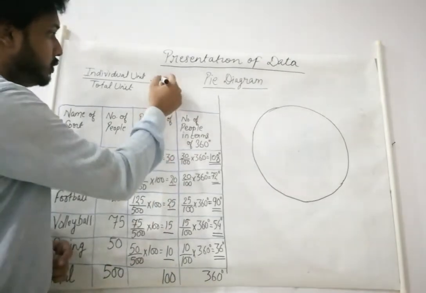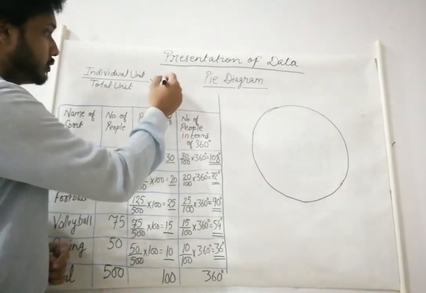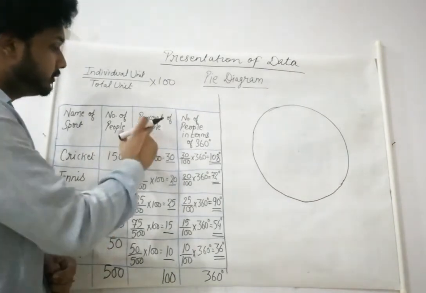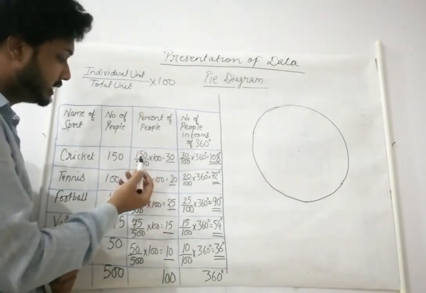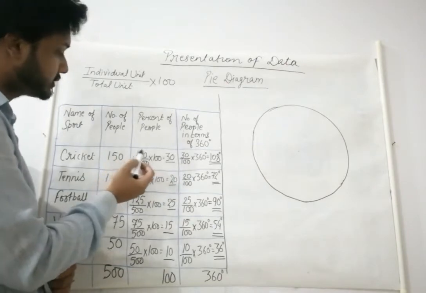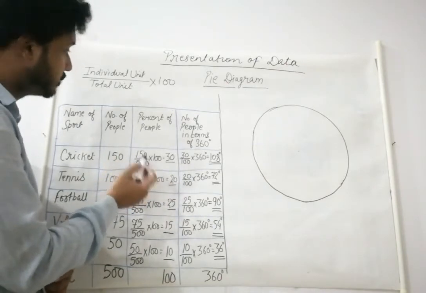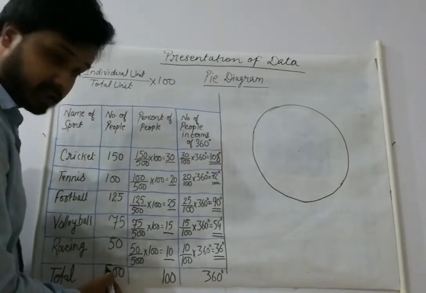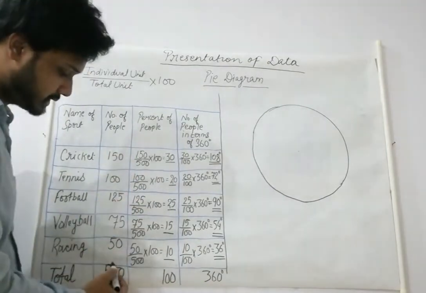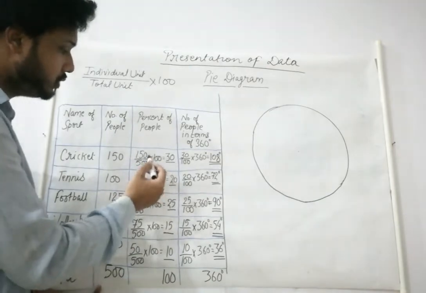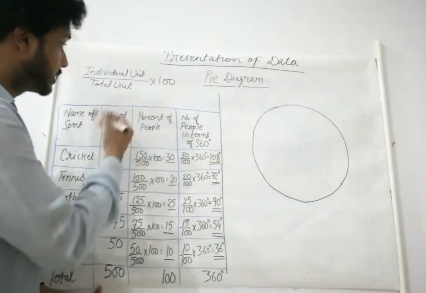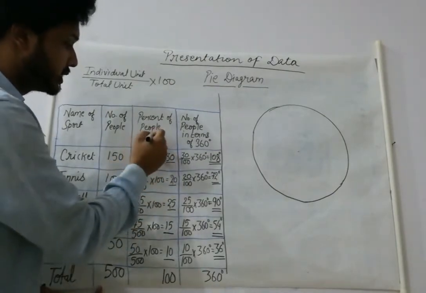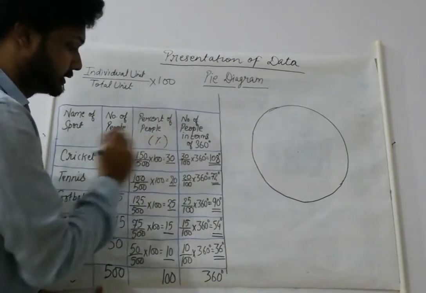So here we will do 100. Using this formula we can convert the given information into percentages. Same here, I have done: individual unit is 150 upon total unit, which is 500, into 100, because we are converting it into percentage. So we have got it as 30%.